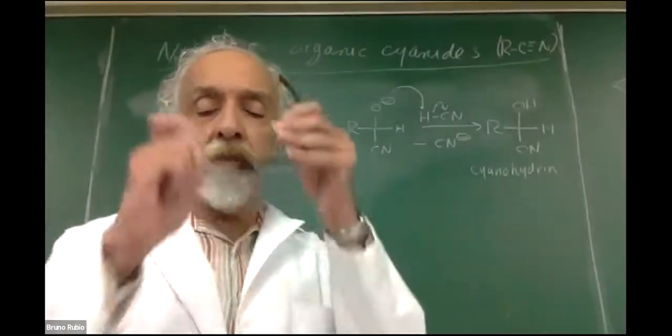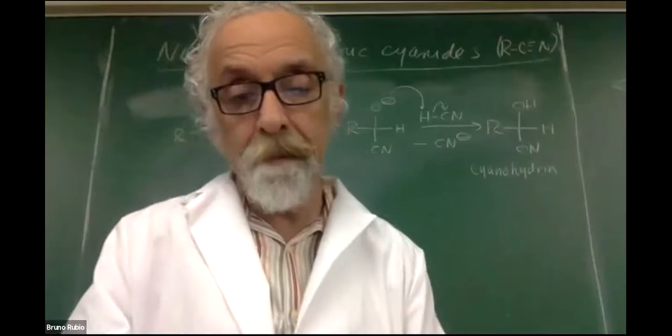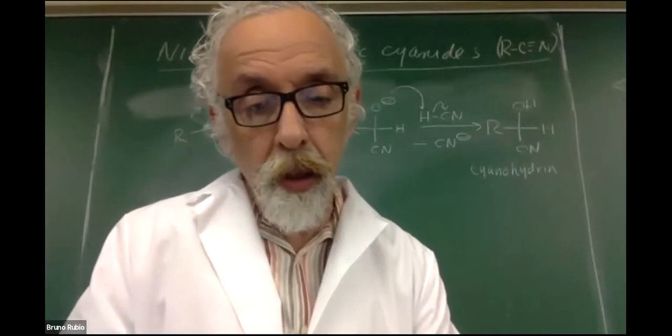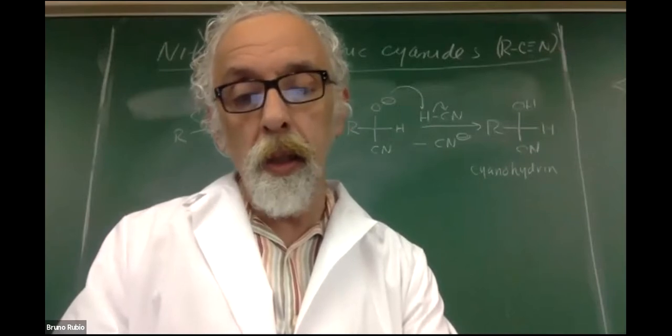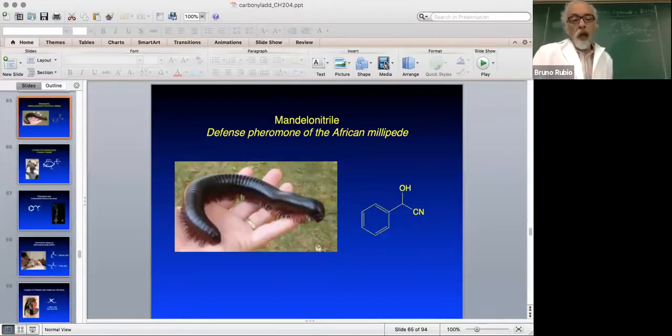Okay, so let me try to show you some pretty pictures here. All right, so this is mandelonitrile. It's a cyanohydrin. I see that CN minus attack. This used to be a carbonyl here.